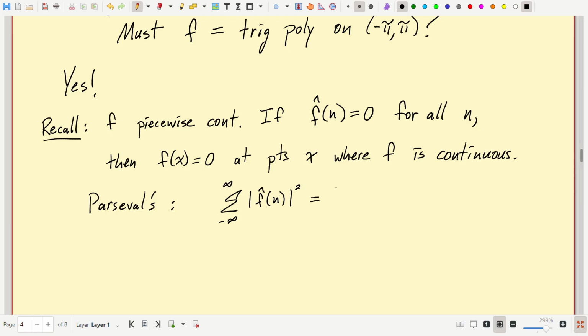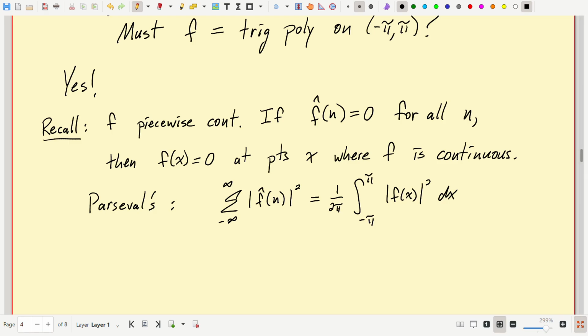Is it 1 over 2 pi or 1 over pi? Anybody got the formula in front of them? It's 1 over 2 pi, isn't it?